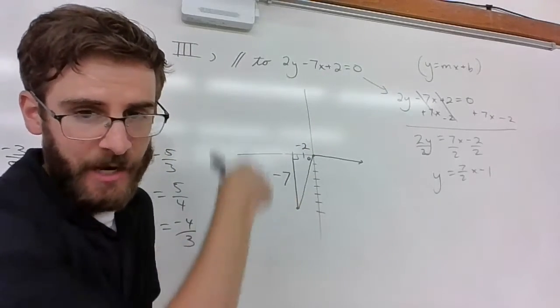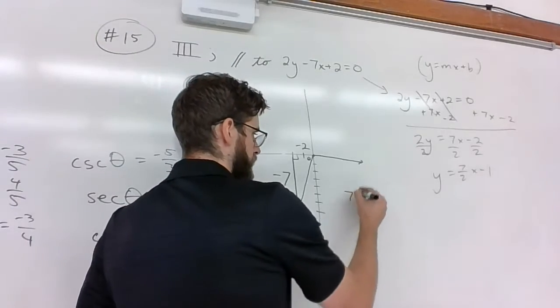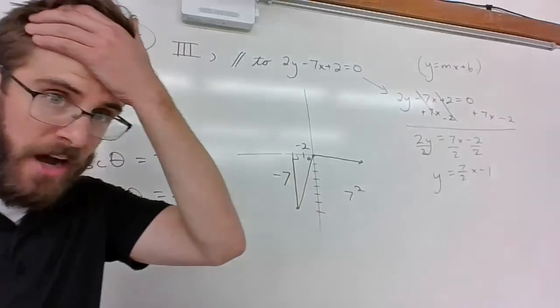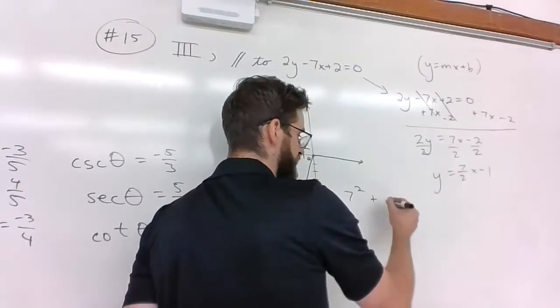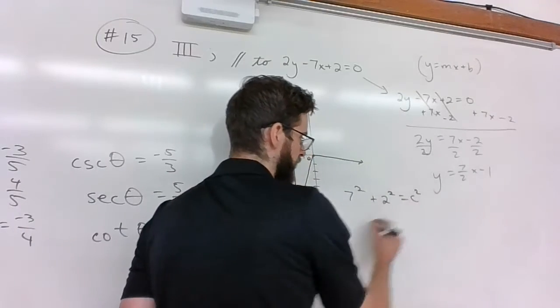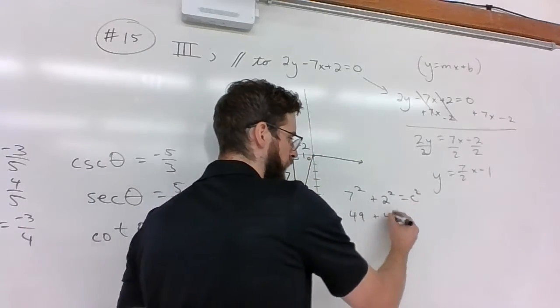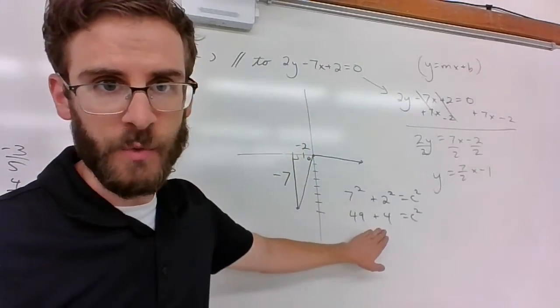Left is negative, down is negative. Hypotenuse is always neutral, though. So I'm going to ignore the negatives for now because I'm just looking for a positive value right here. 7 squared plus 2 squared equals our unknown squared. So that's 49 plus 4. It's going to be 53, and then you take the square root of it.